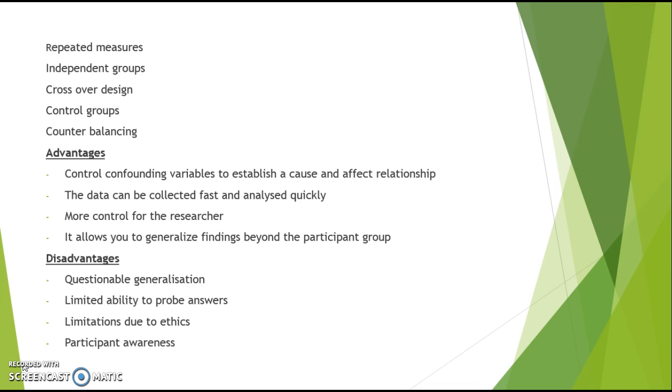Independent groups are different unrelated groups in the same condition, and then you just compare it. Crossover designs is where participants are exposed to one or more treatments but the second condition is affected by the first. Control groups are where they are tested against the experimental groups but they have different conditions.